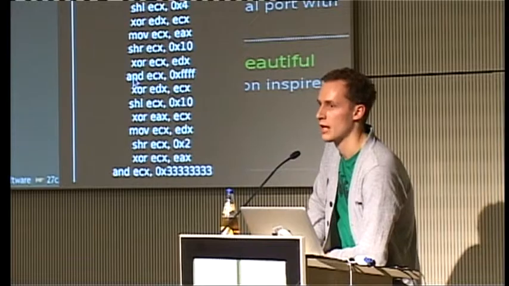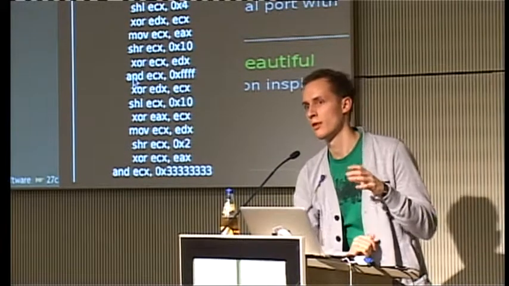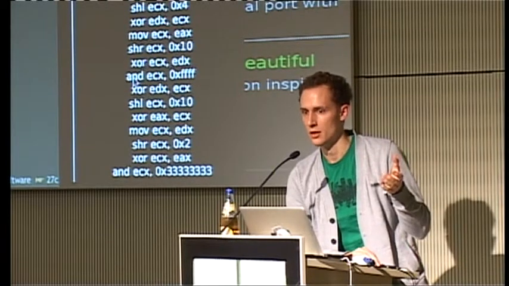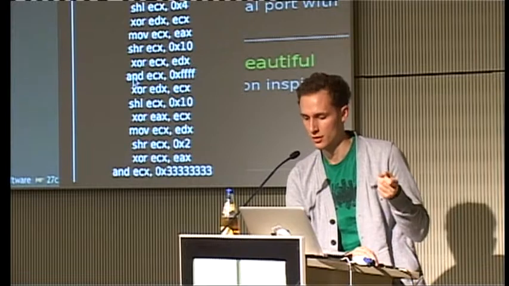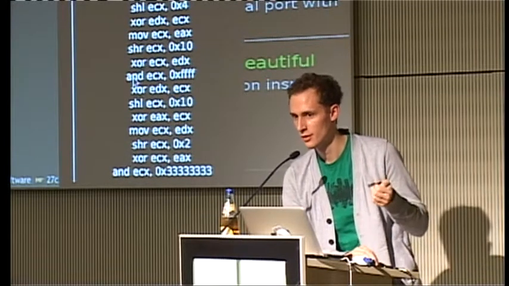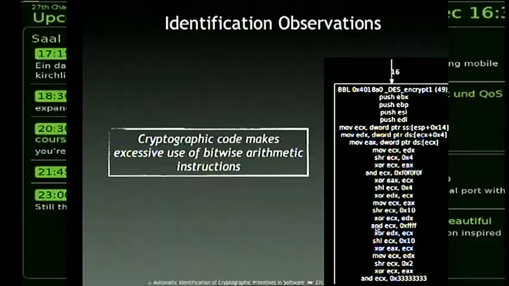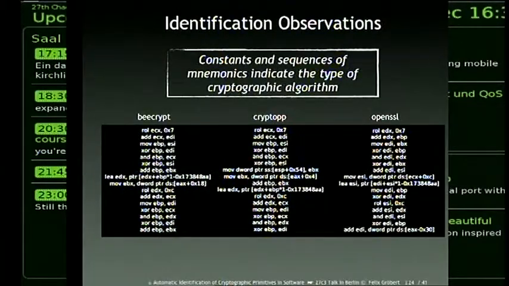And for example, Caballero also found out if you compare the bitwise arithmetic instruction set with BMP, another identification we made is that the constants and sequences of mnemonics indicate the type of cryptographic algorithm.